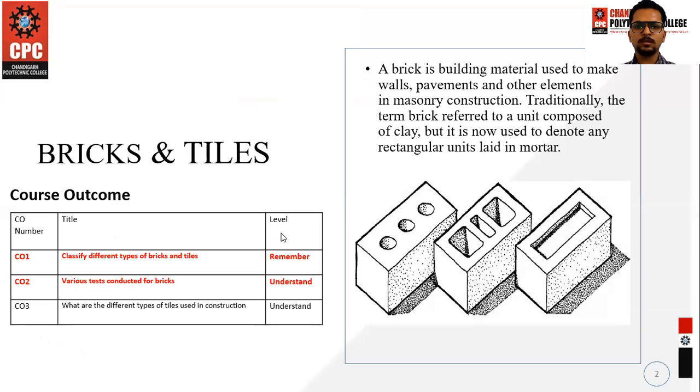Basically, any rectangular object which is used in our masonry walls we call a brick, and they are laid in a mortar. Mortar is basically a composition of cement and sand. Whenever cement and sand are mixed together, they make a cementing paste and are used to join two or more bricks together.